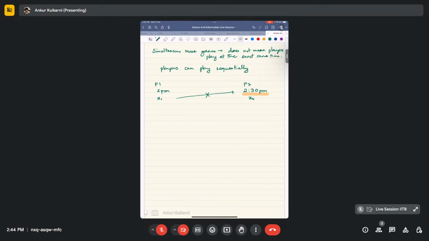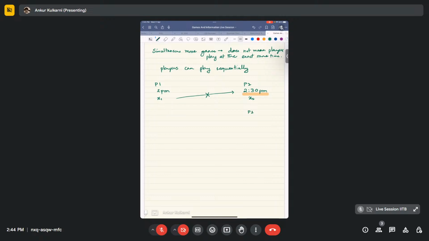So player two is not aware of this. If player two is not aware of this, then it is as good as player two having played either at the same time as player one or even before player one.